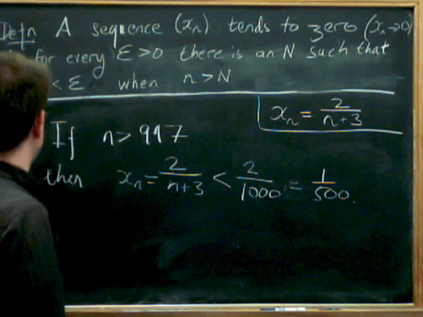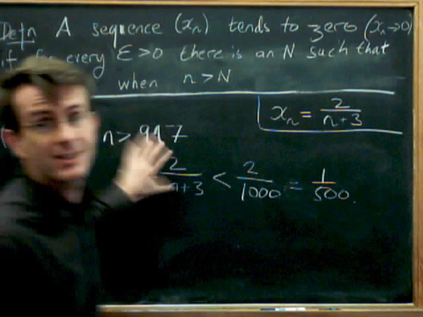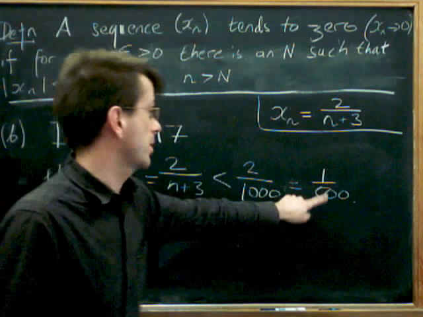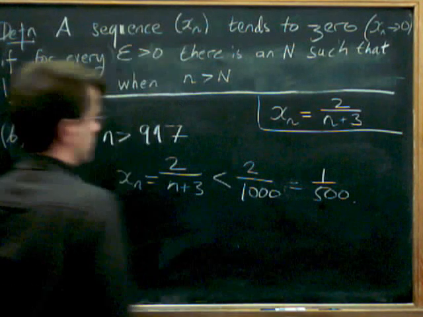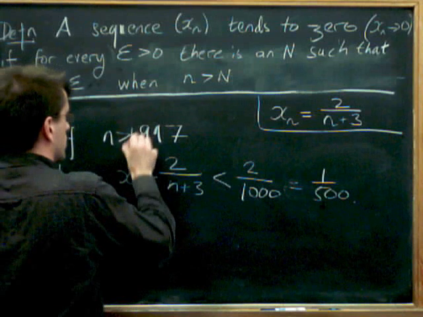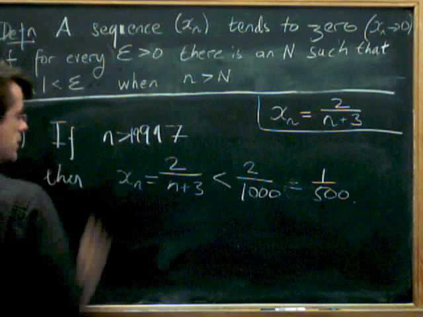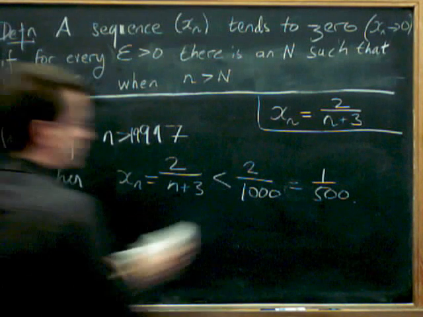Part C is similar. You do exactly the same calculation, except we replace 500 by 10,000, and you'll find in that calculation that you get 19997.